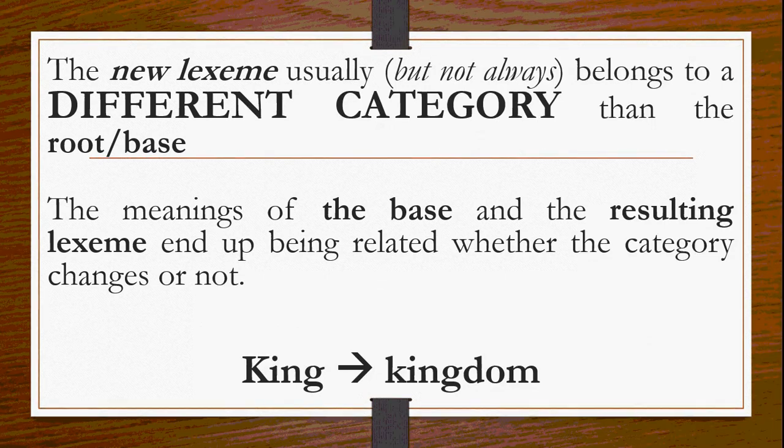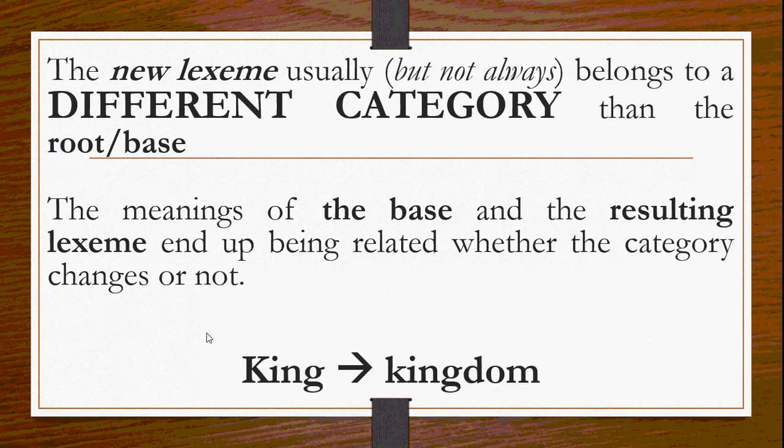The important thing is that the lexeme is different. It is a different lexeme. So the meanings of the base and the resulting lexeme end up being related whether the category changes or not.